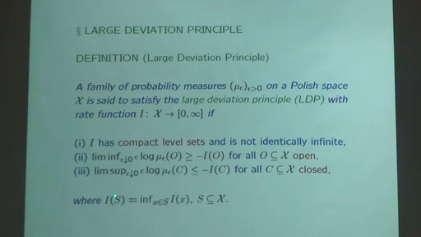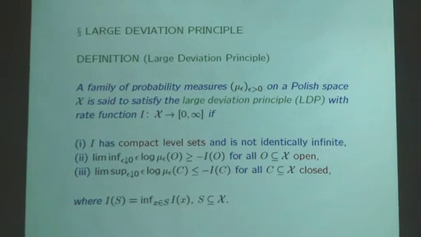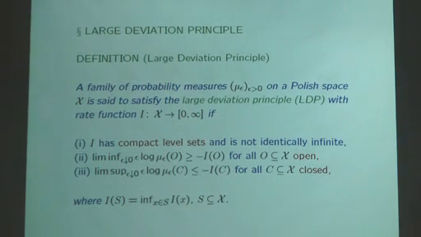Now, if you've never seen this before, you might say, why these inequalities? Isn't what you really want that the limit as epsilon goes to 0 of epsilon log of the probability of some set? Why don't you do that? Well, that's too stringent. It's like if you have convergence of probability measures in the weak topology, you don't want to require this for every set.